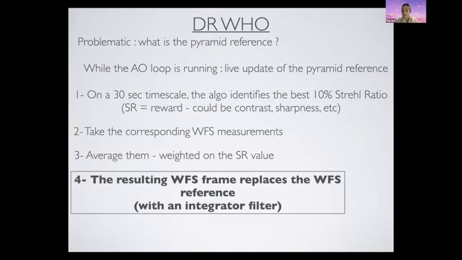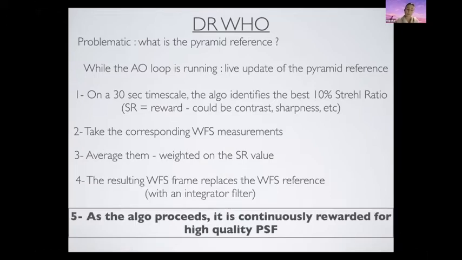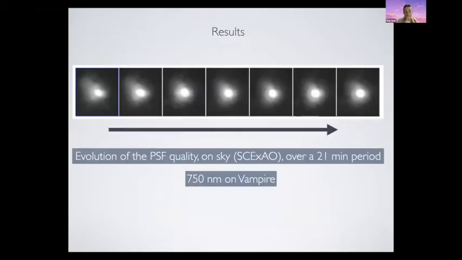The resulting wavefront sensor frame replaces the wavefront sensor reference with an integrator filter, of course, to avoid any kind of divergence issue. As the algorithm proceeds, every 30 seconds, it is continuously rewarded for high quality PSF.